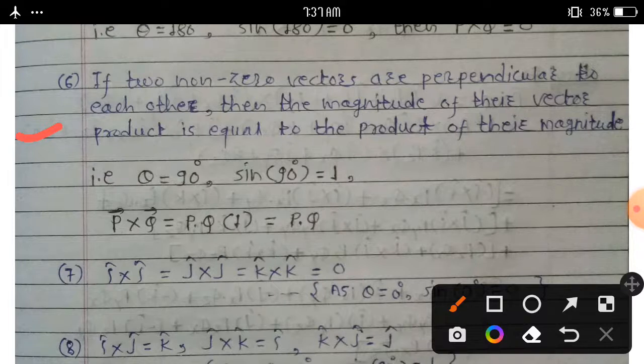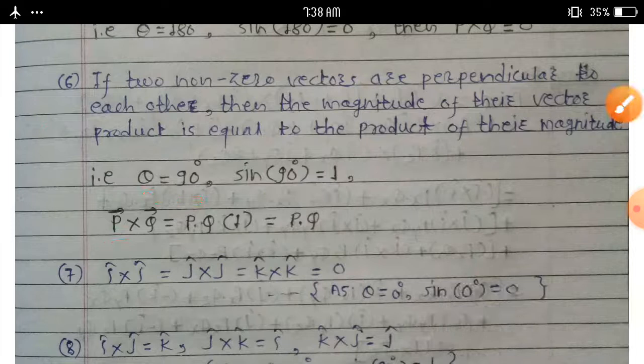That is, when these two non-zero vectors are perpendicular, the angle between them is theta equal to 90, sin 90 becomes 1, then the magnitude of p bar cross q bar is equal to pq sin 90, which is pq. This is the magnitude of their product.